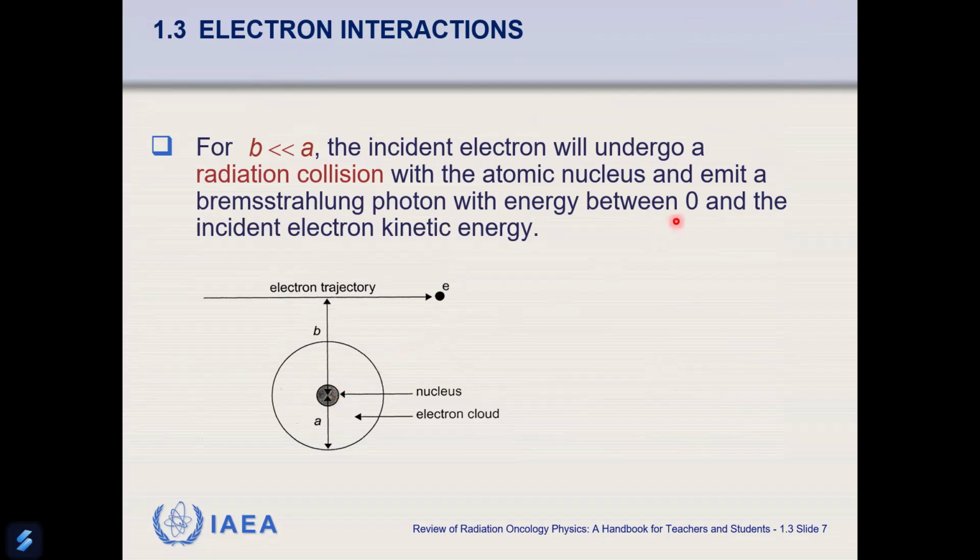So the energy can range between 0 and the incident electron energy. If the incident energy is 100 keV, then the bremsstrahlung energy is going to be a range. So what you end up with is a spectrum of energies from 0 to the maximum energy, or let me say, to the incident energy of the electron.